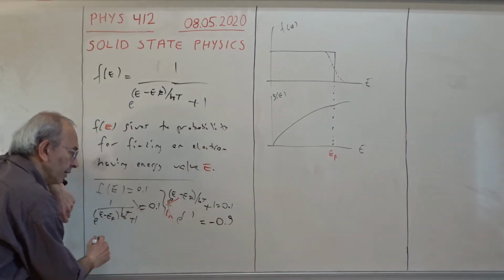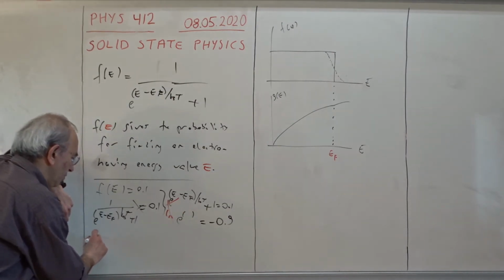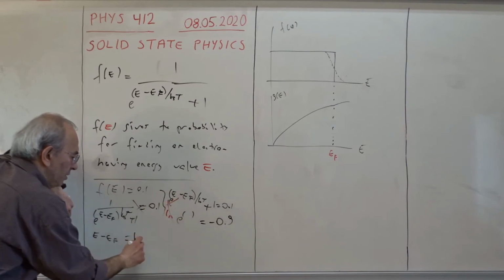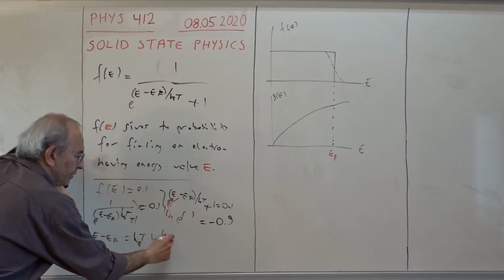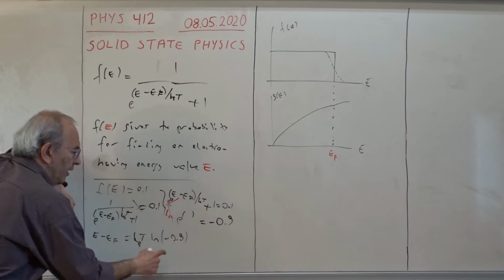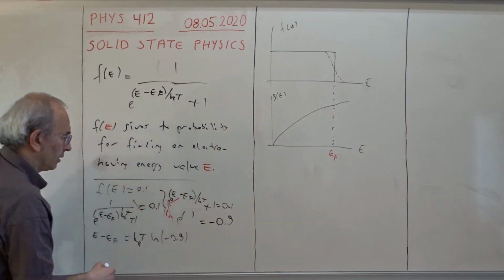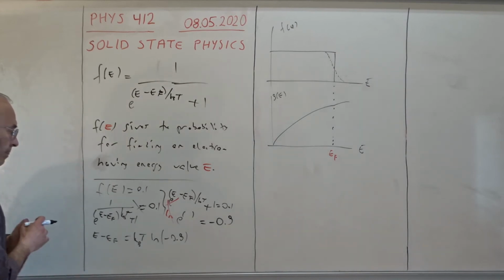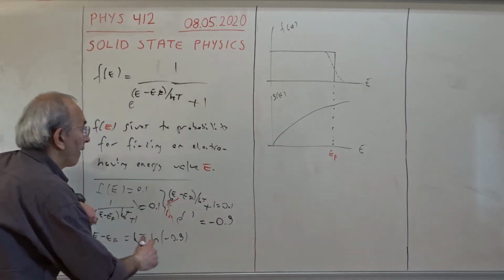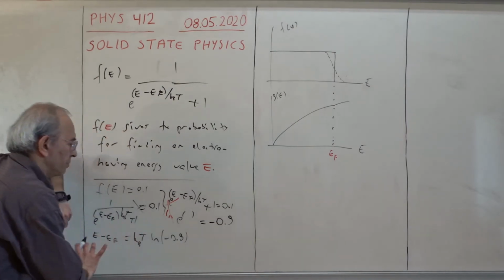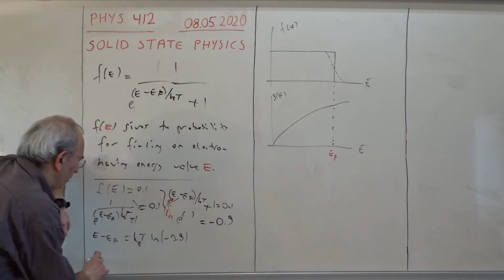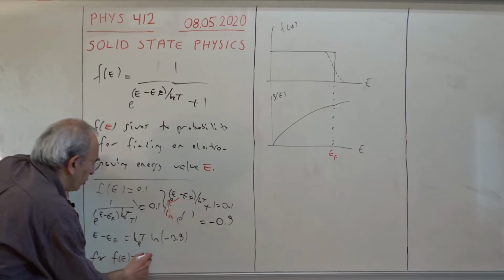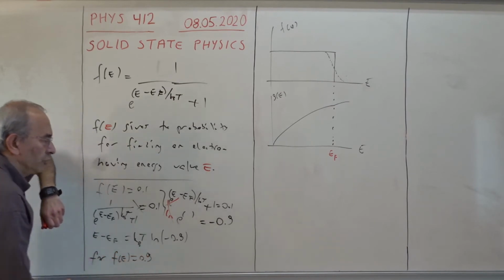Take the ln. So E minus EF, that difference, is kBT times ln minus 0.9. And this one we can keep. For f of E is 0.9, the other value.